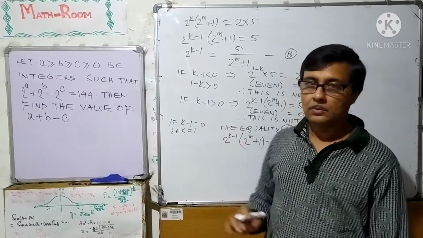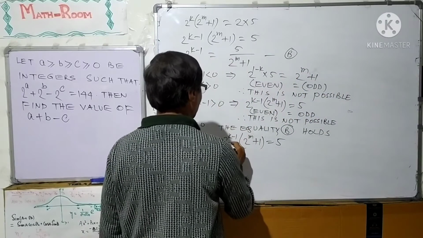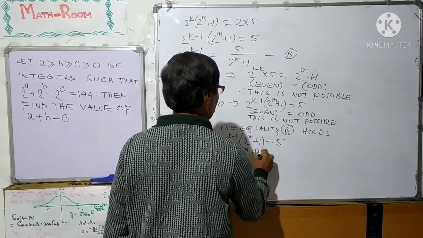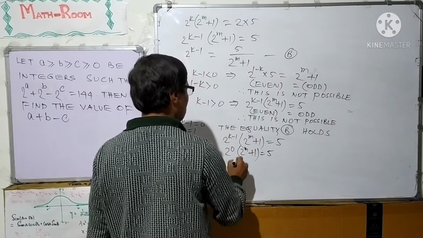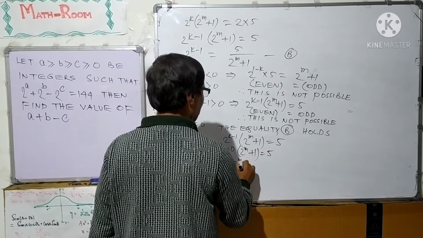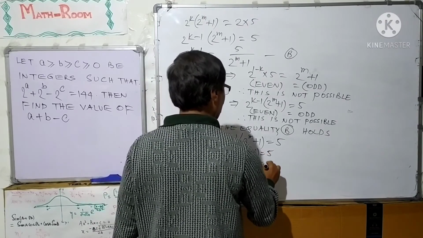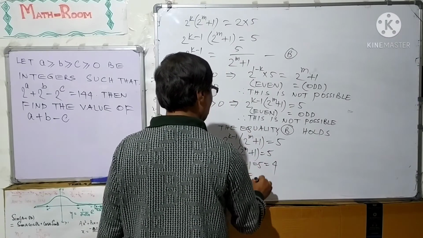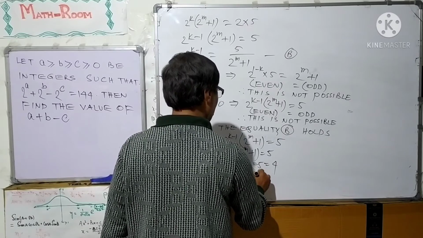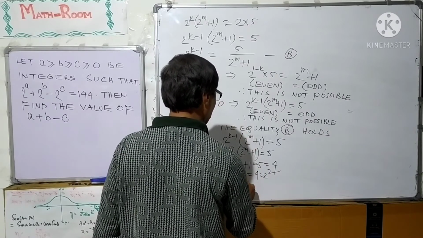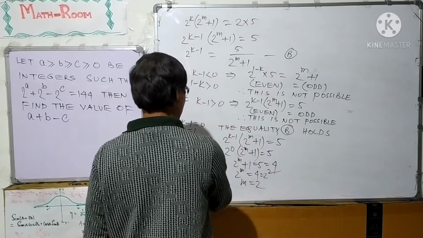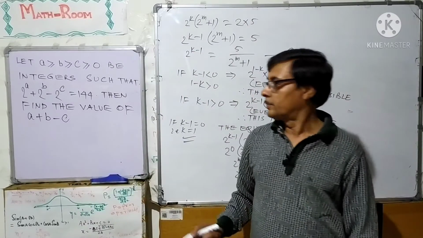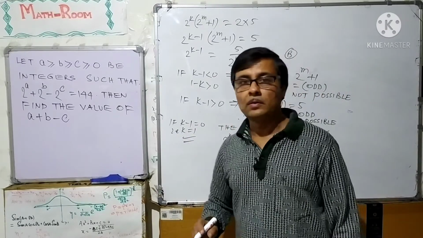So, 2 to the power 0 is 1, and 2 to the power m plus 1 equal to 5, so 2 to the power m equal to 4, that is 2 squared. So, m equal to 2. We have got k equal to 1, m equal to 2, and previously we have got c equal to 4.